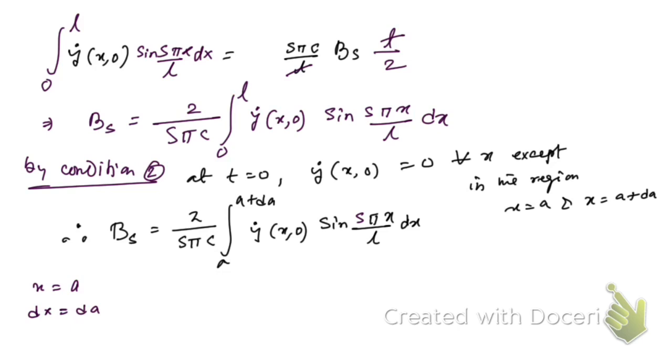Since dA is very small, this part can be taken as constant, because in the region x to a plus dA, these 2 points are very close, so this value of the sine function will not vary significantly.